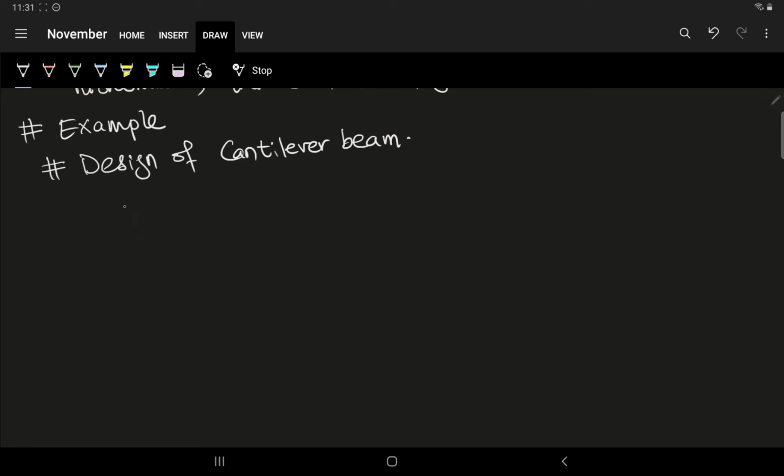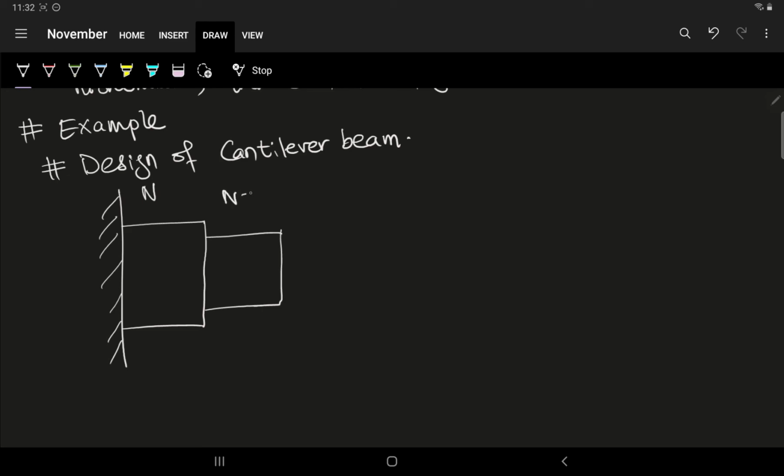So this is kind of a beam with n segments, starting from segment n minus 1 and going till segment 1.